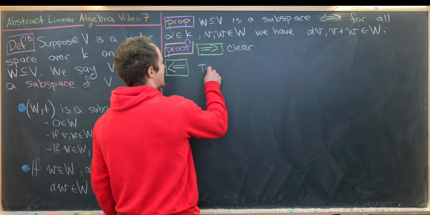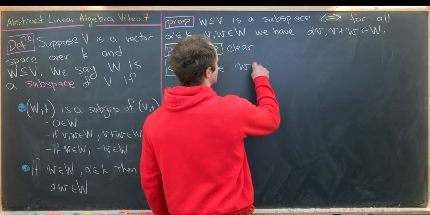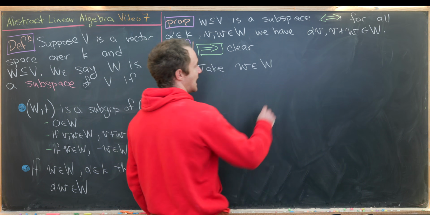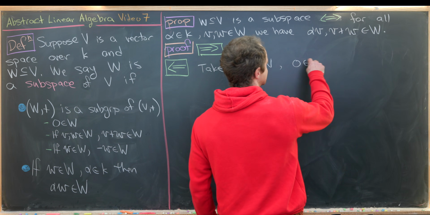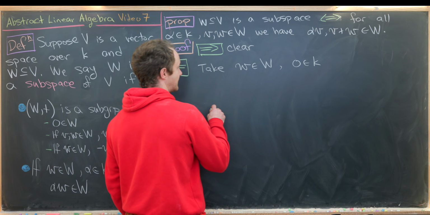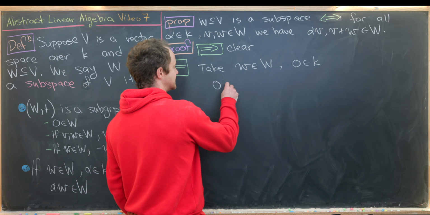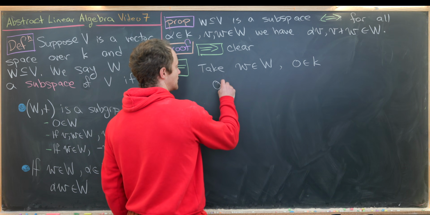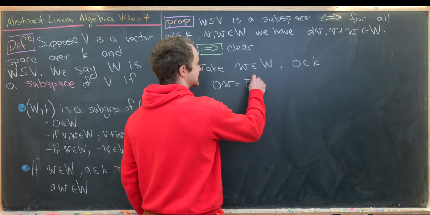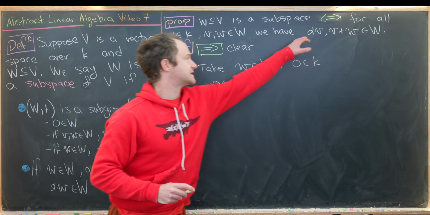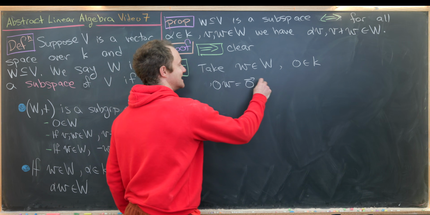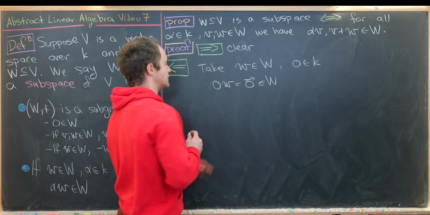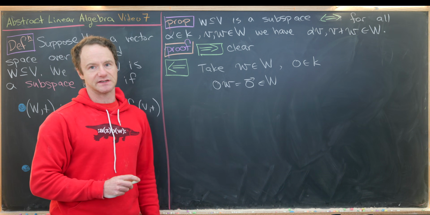So let's take any w in W, and then note that the number 0 in K has the following property. So 0 scalar multiplied into w gives us the zero vector. But because of this closure rule, we know that that is in W. So in fact, we know the zero vector is in W.